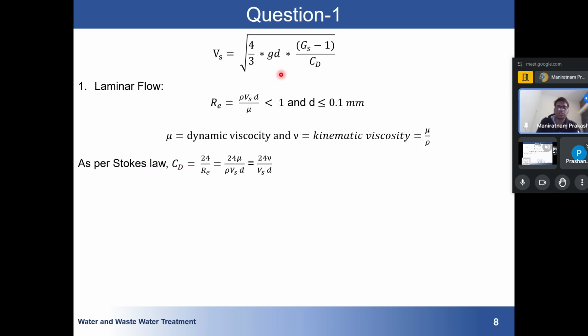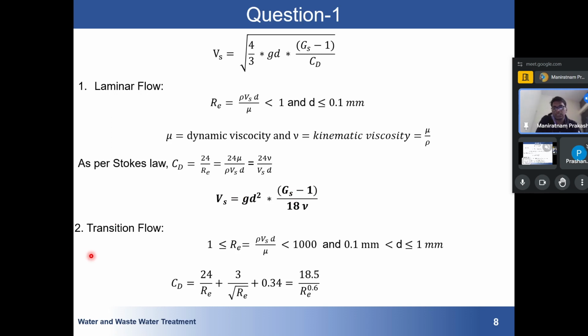I will be putting this CD value here, and I will be getting the equation for Vs when the condition is laminar flow: Vs is equal to g d square (Gs minus 1) by 18 mu, or by 18 kinematic viscosity. Now remember this: if in your question the data is given for dynamic viscosity, then the formula used will be mu into, in the upper side, a multiplication of the density of water. I hope this is clear.